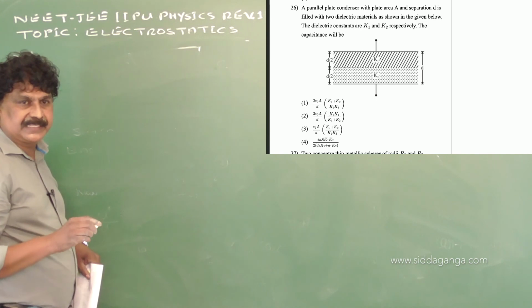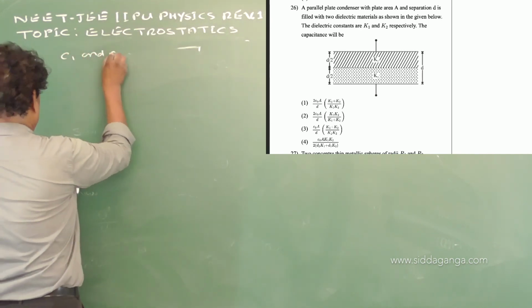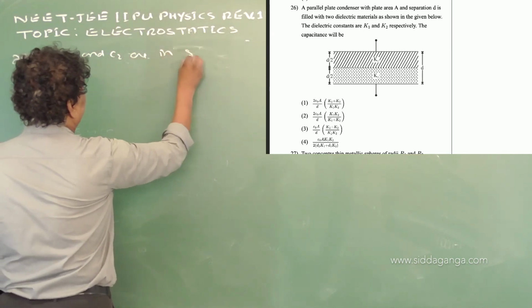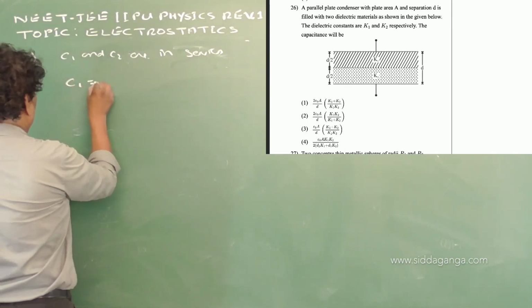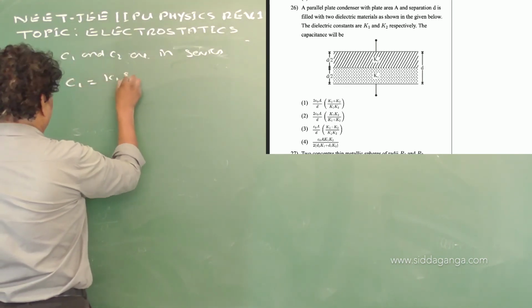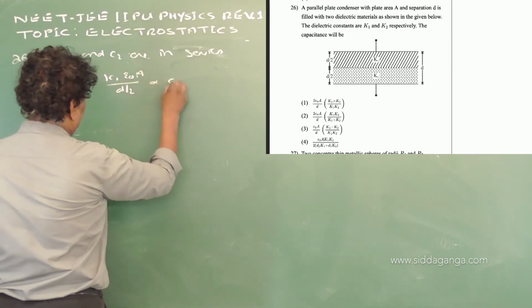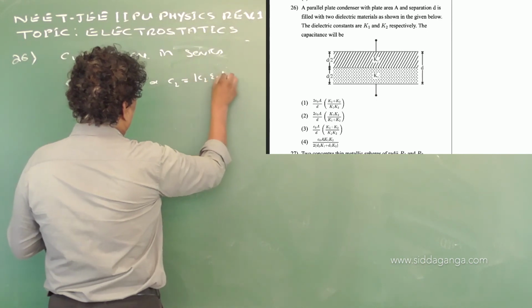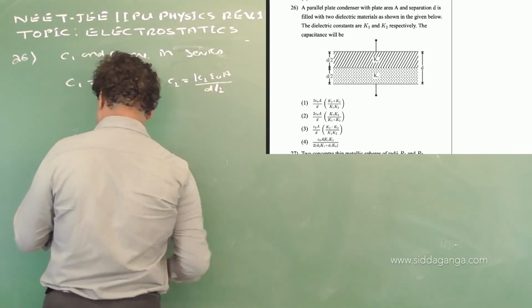Now, these two capacitors, C1 with K1 and C2 with K2, have the same plate area but different distances. Therefore, C1 and C2 are in series. Now C1 is equal to K1 epsilon naught A by D by 2 and C2 is equal to K2 epsilon naught A by D by 2.